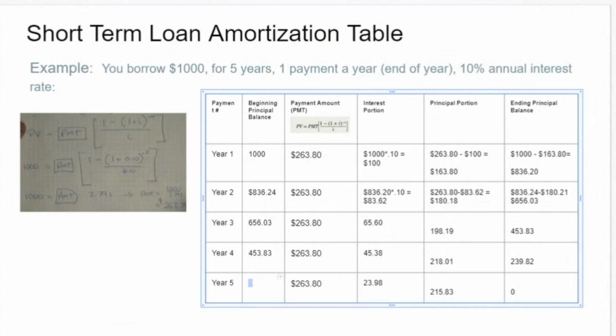That 239 we owe, basically 239 at the beginning of the period. We actually paid 263.80 because there was interest of 23.98. The principal portion then is 215, and basically that brings us down to zero. We pay off the loan after year 5.